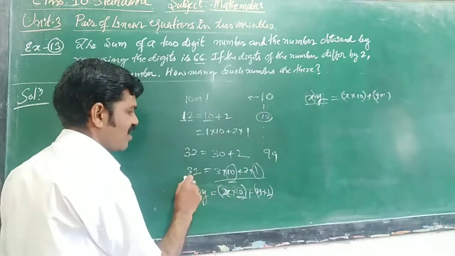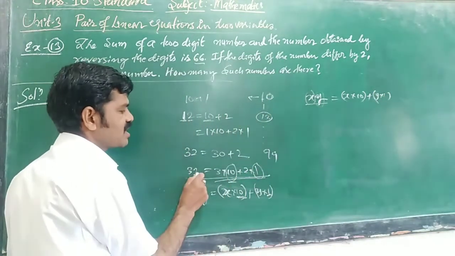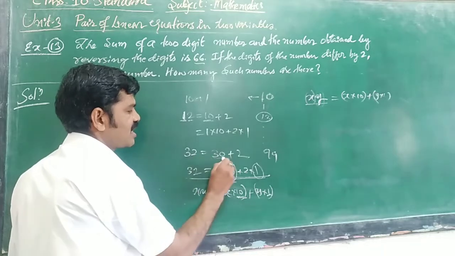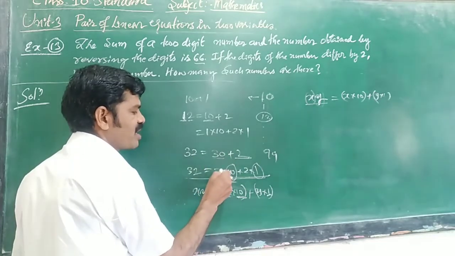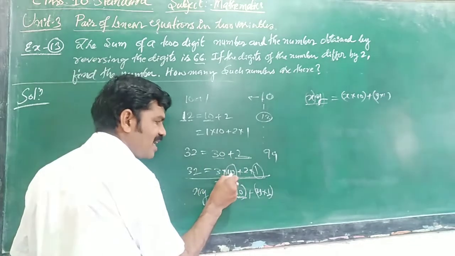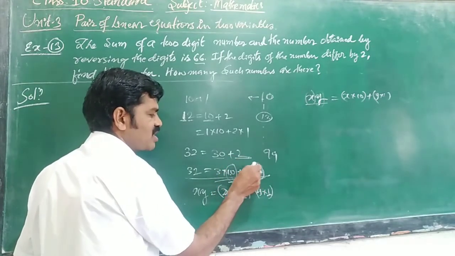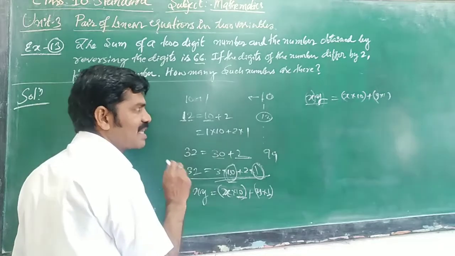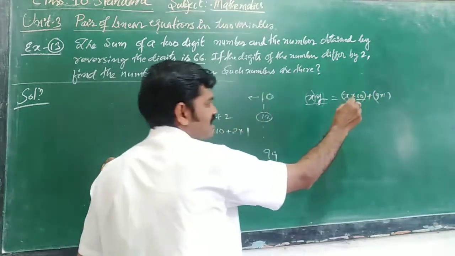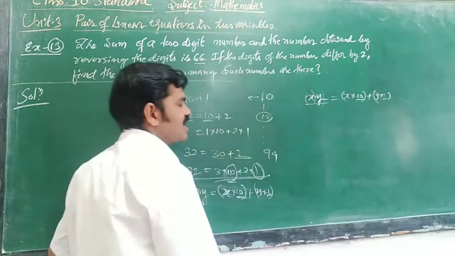I have written 32, which means 30 plus 2. 30 can be written as 3 multiplied by 10, and 2 can be written as 2 multiplied by 1. This 1 is in the unit place and that is the tens place. Like that, here 10 is the tens place and 1 is the unit place.